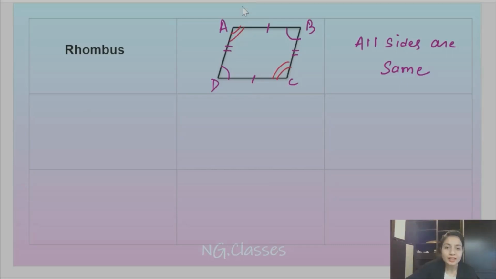So angle ADC is the same as angle ABC, and angle DAB is the same as angle DCB.